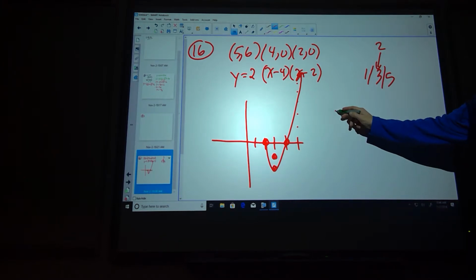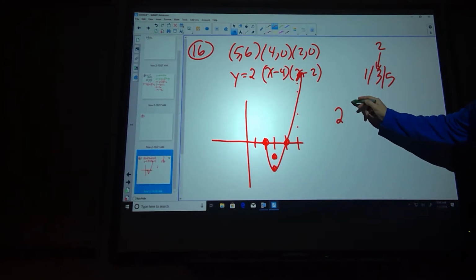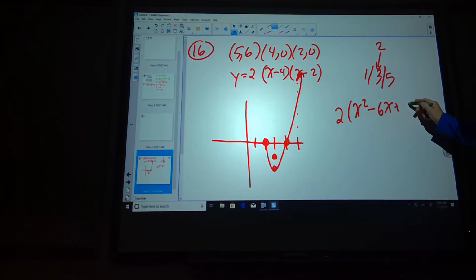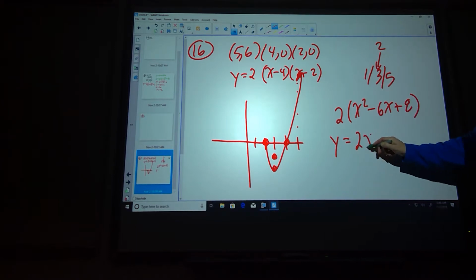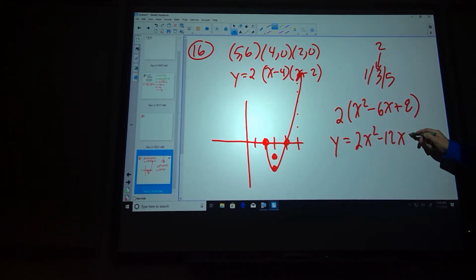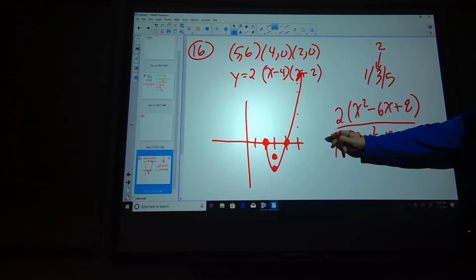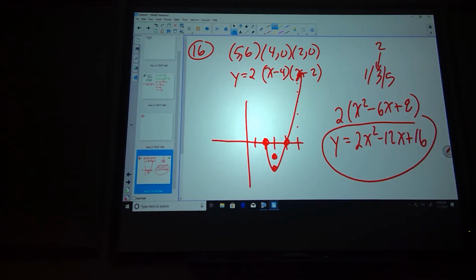Maybe they wanted us to multiply it out, so I get 2x squared minus 12x plus 16. Maybe they wanted that as your equation. If you plugged that into the graphing calculator, you would have gotten that answer, but I just used some logic.